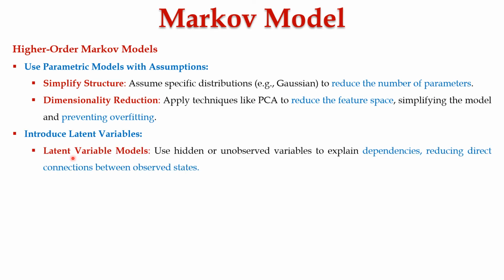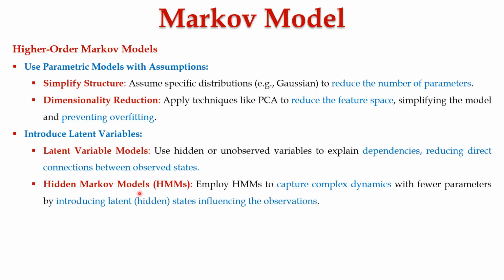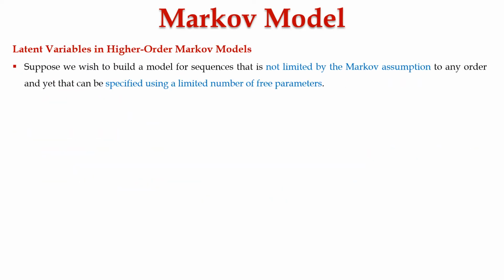By introducing latent variables into the model, we can use hidden or unobserved variables to explain dependencies, reducing direct connections between the observed states. Hidden Markov models: we can employ hidden Markov models to capture complex dynamics with fewer parameters by introducing latent or hidden states that influence the observations.